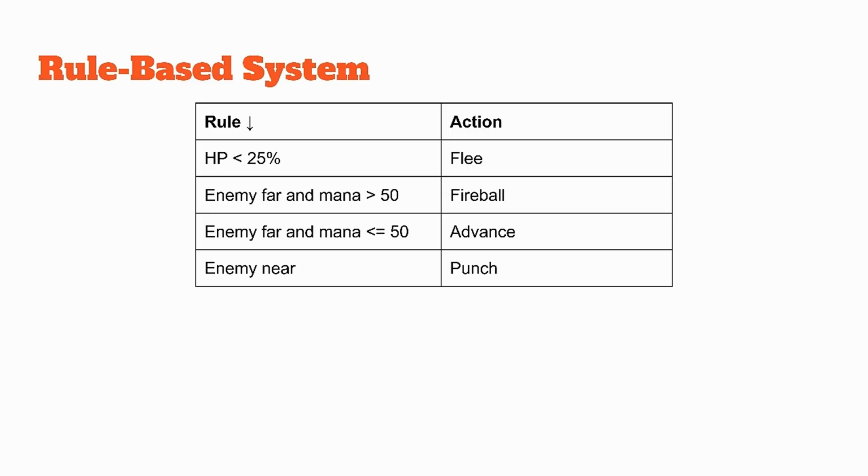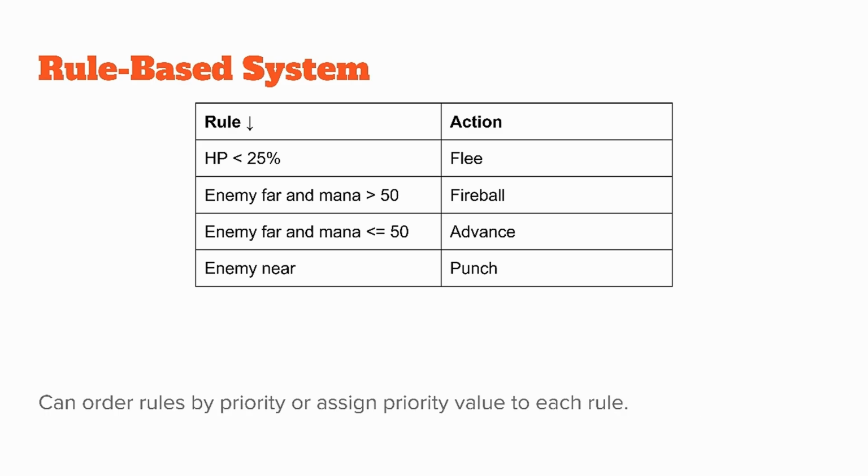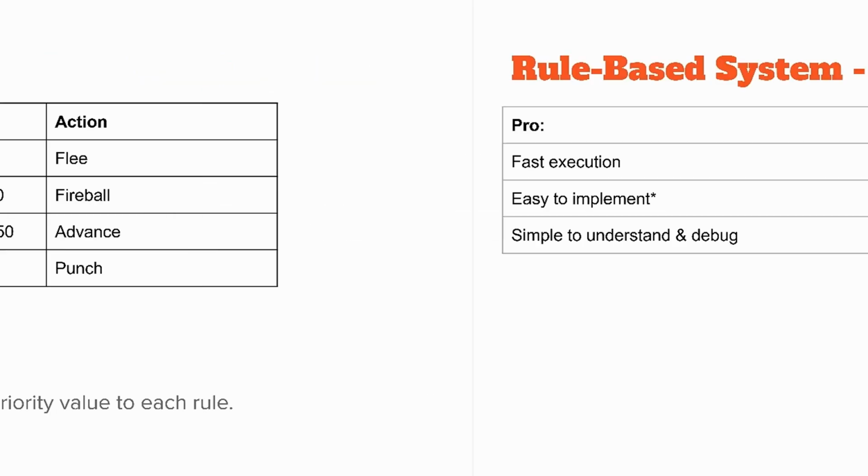And you can see the rest of the rules here. It'll just follow these, and it'll give you lots of variety of actions depending on the number of rules that you have. And you can order these just in a linear order like this, or you can use a priority rule.